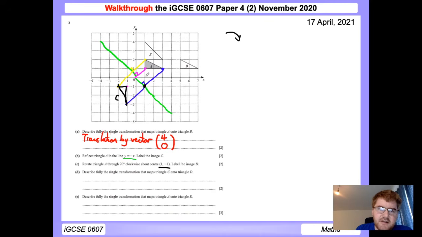So notice that in order to work out the rotation, we know it's roughly going to be over here, because we're turning this direction. The way we would find this out, to keep it fairly straightforward, is that it's going to make a right angle with where the new point is going to be, and it's going to be the same distance as well. So this point here is going to be rotated to here.